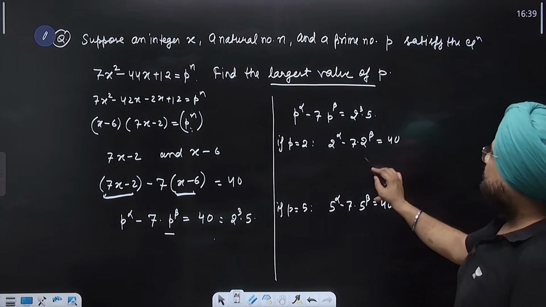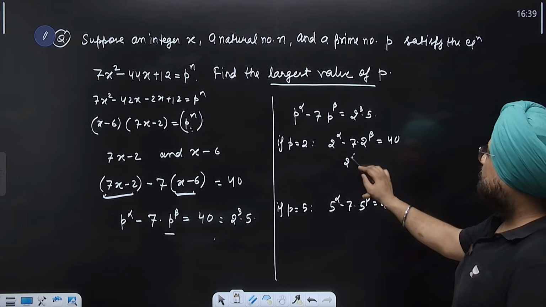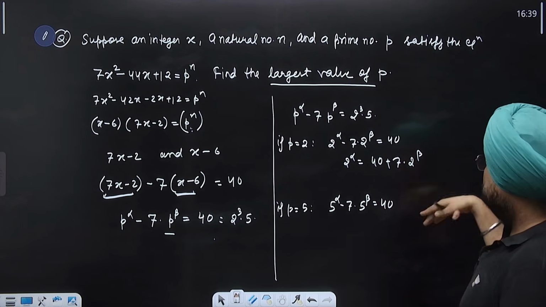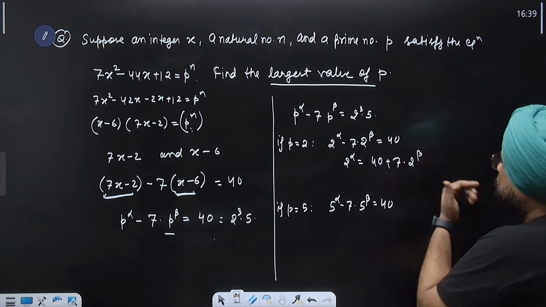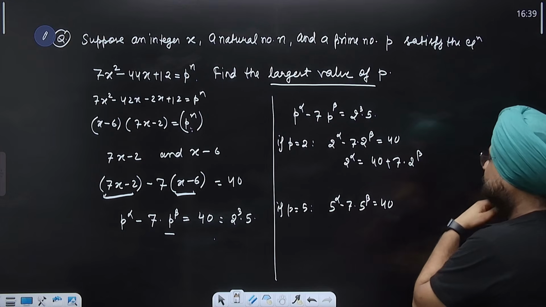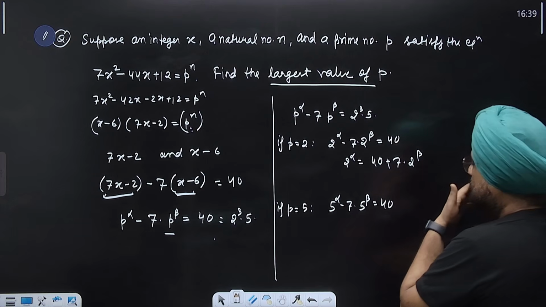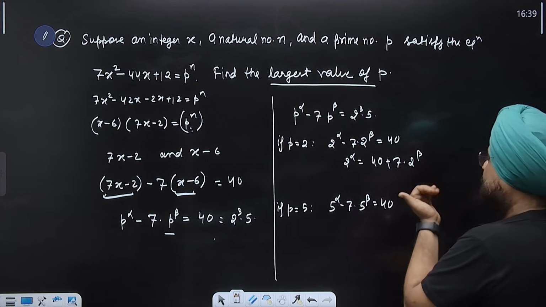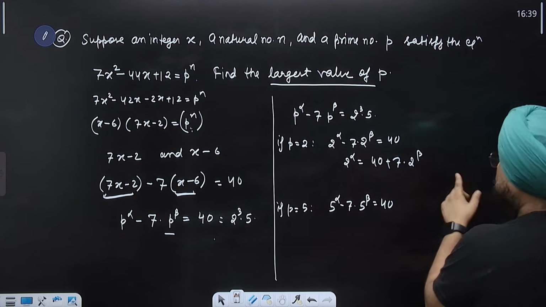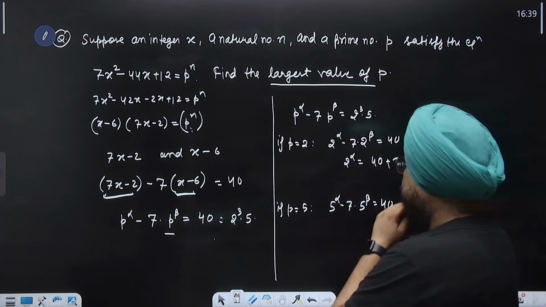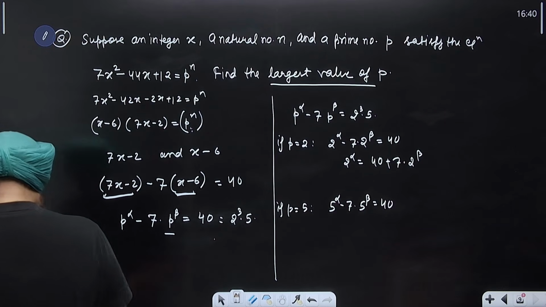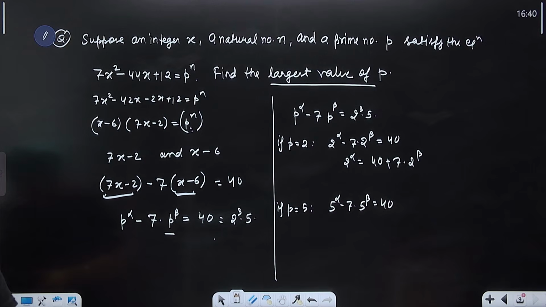From here, 2^alpha is equal to 40 plus 7 into 2^beta. We can put in values of beta. If we put beta equal to 0, this will become 2^alpha is equal to 47, and 5^alpha is equal to 47. For beta equal to 1, 2^alpha will become... let me check the question first.